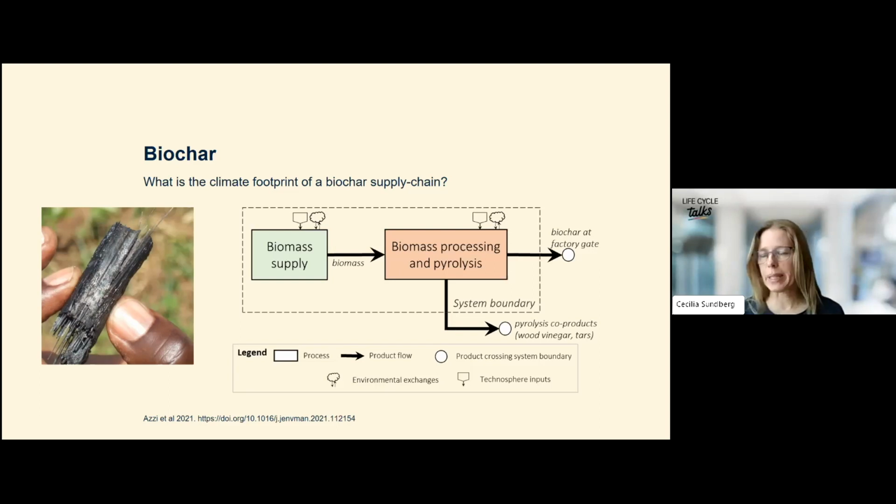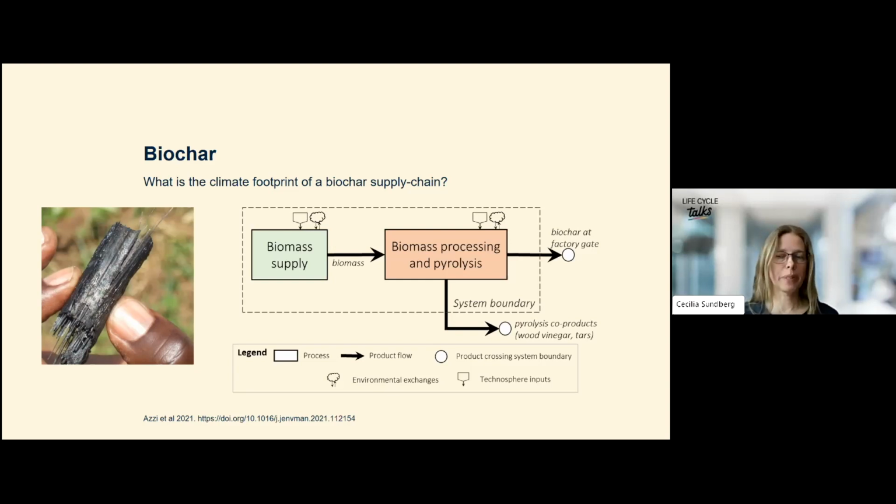In the most simple case, they can be burnt and heat produced, but also other products are possible. And with that, we can get the life cycle climate footprint of the supply chain.